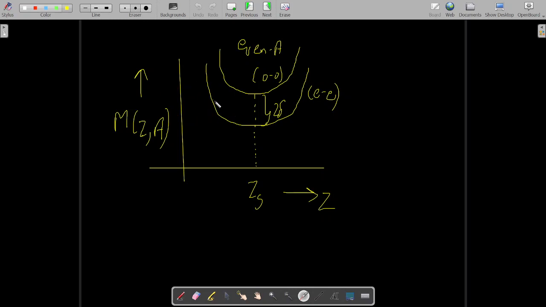As the masses are lower, the mass defect will be higher, and as the mass defect is higher, greater will be the energy released during formation of such a nucleus. So such a nucleus is more stable. Even-even nuclei are more stable, and odd-odd nuclei are less stable.